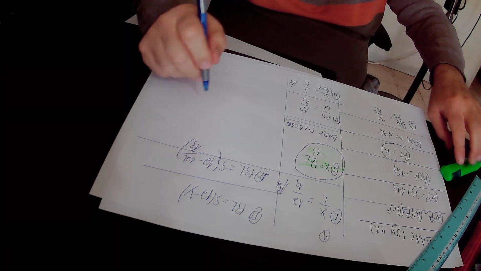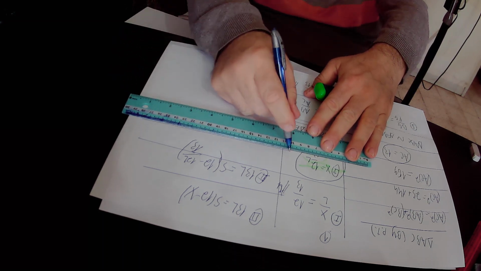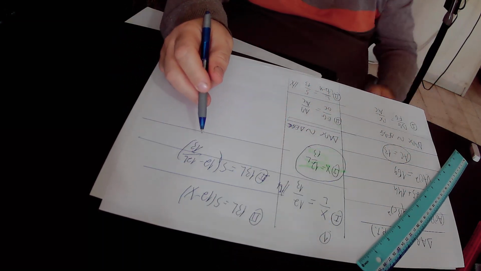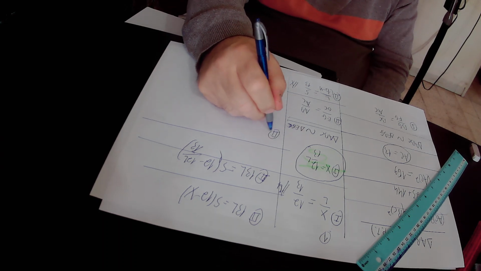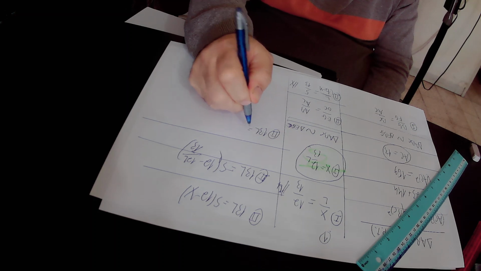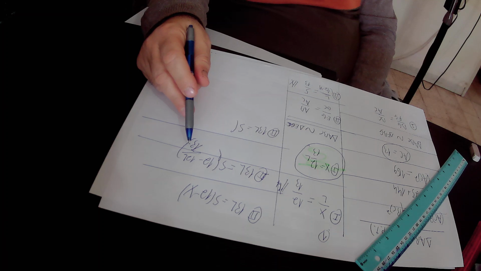So 13L equals 5 times 12 minus 12L over 13.